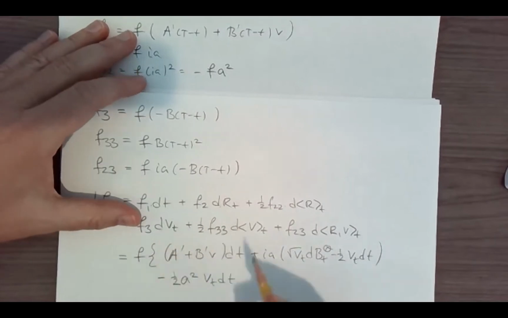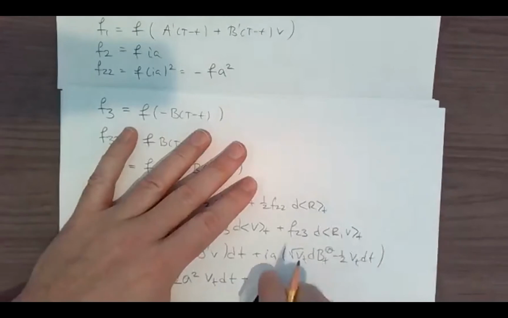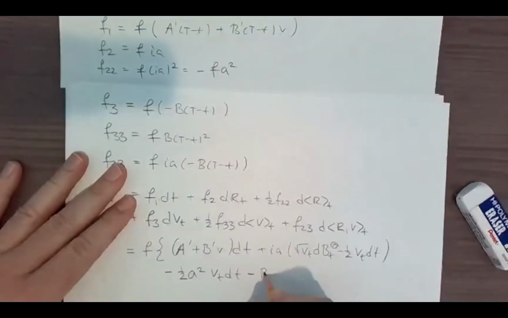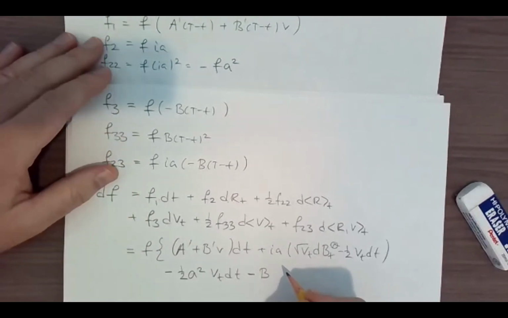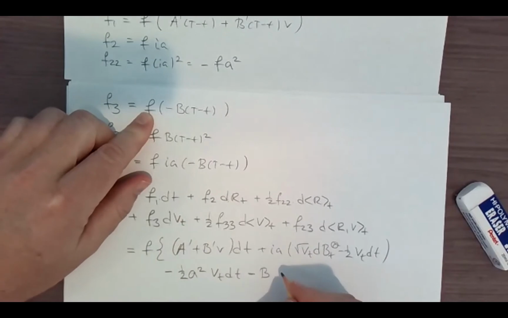Then we're left with f3. Okay, so what was f3? That was minus b. Minus b, and f is still outside.